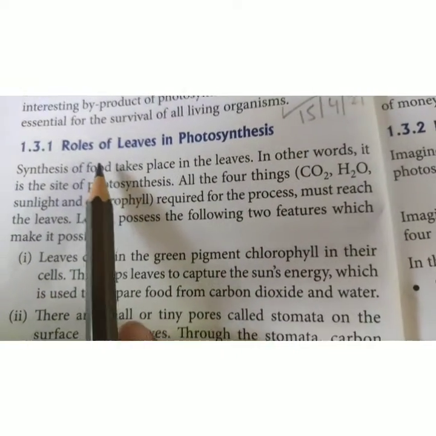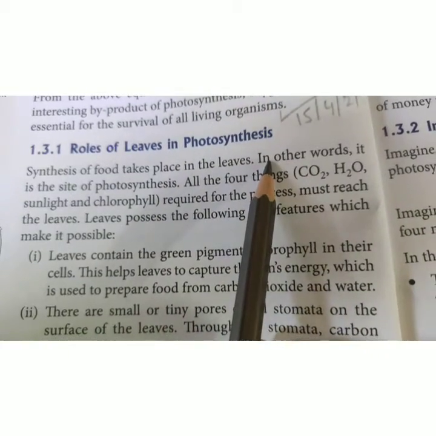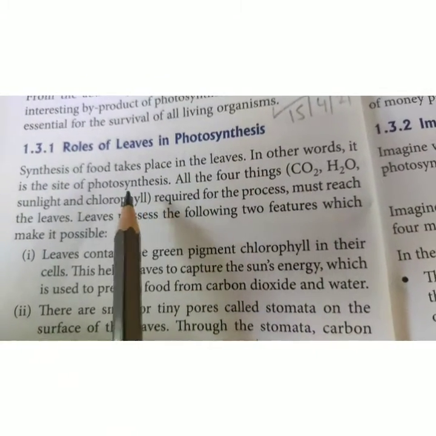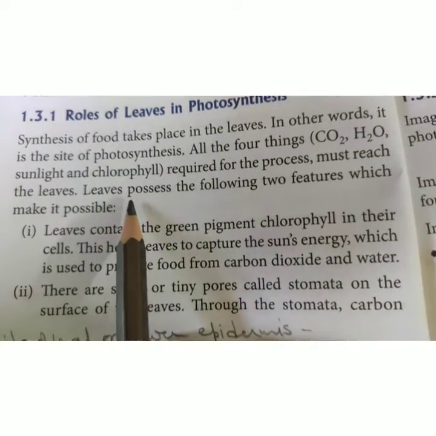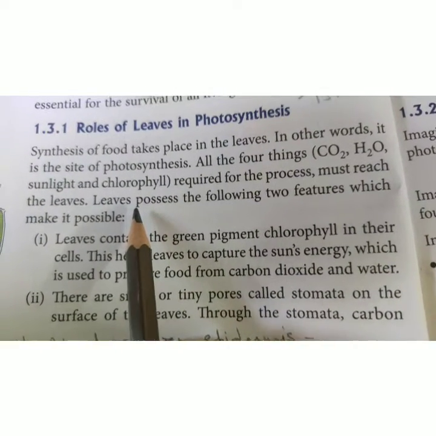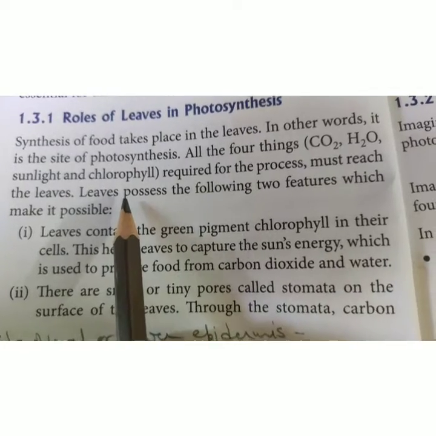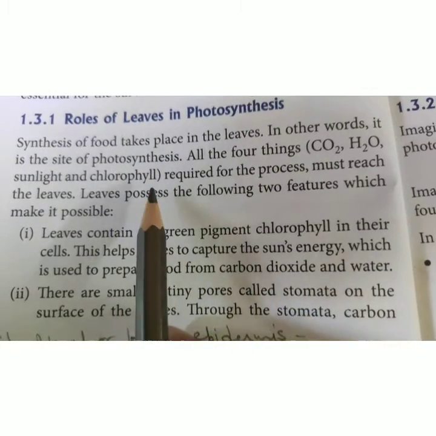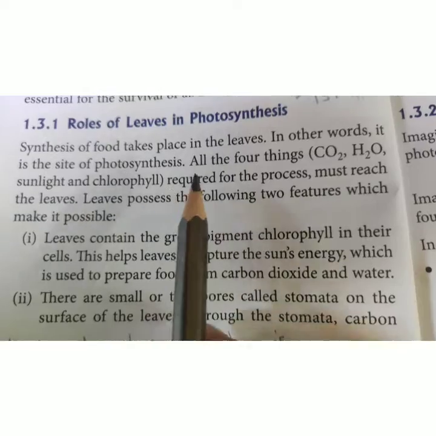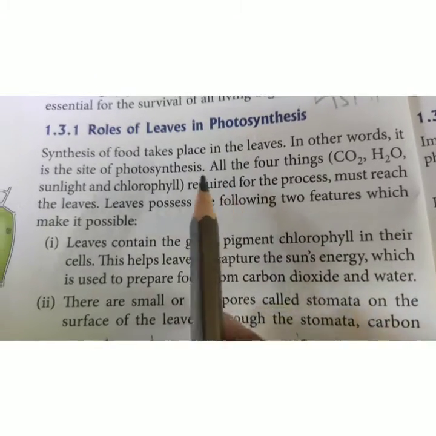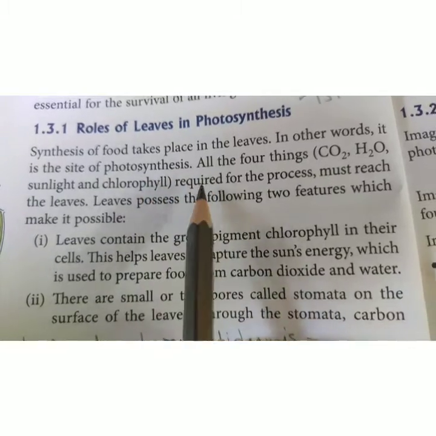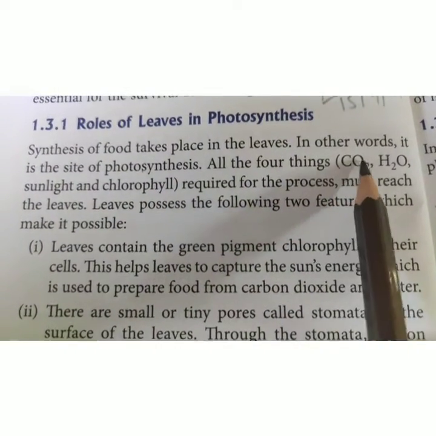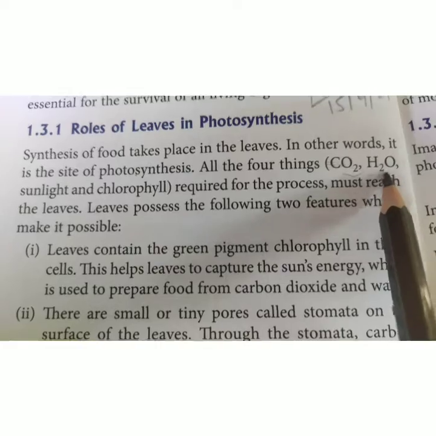Now, the role of leaves in photosynthesis. Photosynthesis will take place only if the color of the leaf is green. Why is the color of the leaf green? Because of the presence of the green pigment called chlorophyll. For photosynthesis to carry on, we need four things. First is carbon dioxide, second is water.